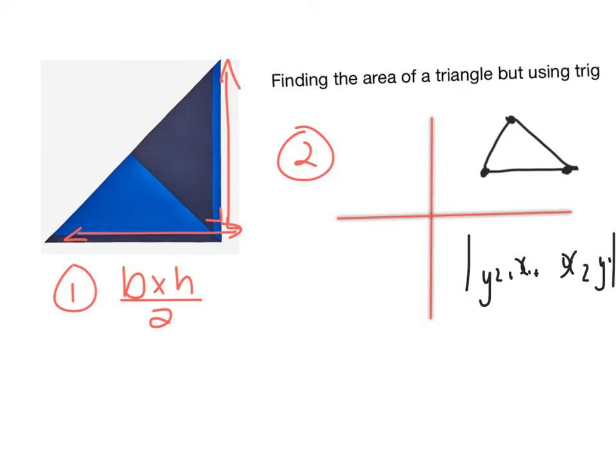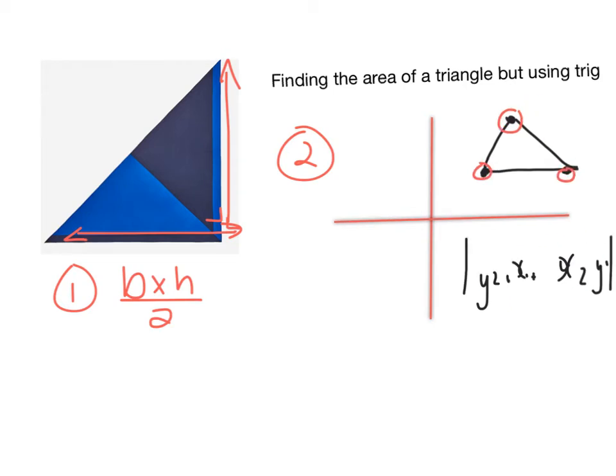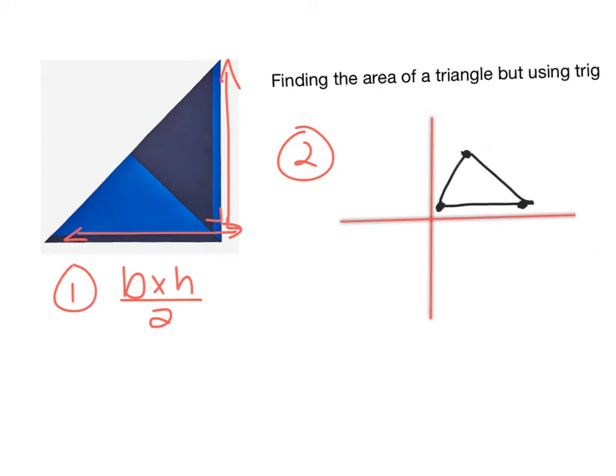It was something like that, okay? And we would have said to ourselves, if I label this point and this point, I would have x1, y1, x2, y2, x3, y3. And obviously in the formula, there is no x3 or y3. So what we had to do then was move the triangle down to the point 0, 0, and that was how we did it with the translation, and then we were able to use that formula.